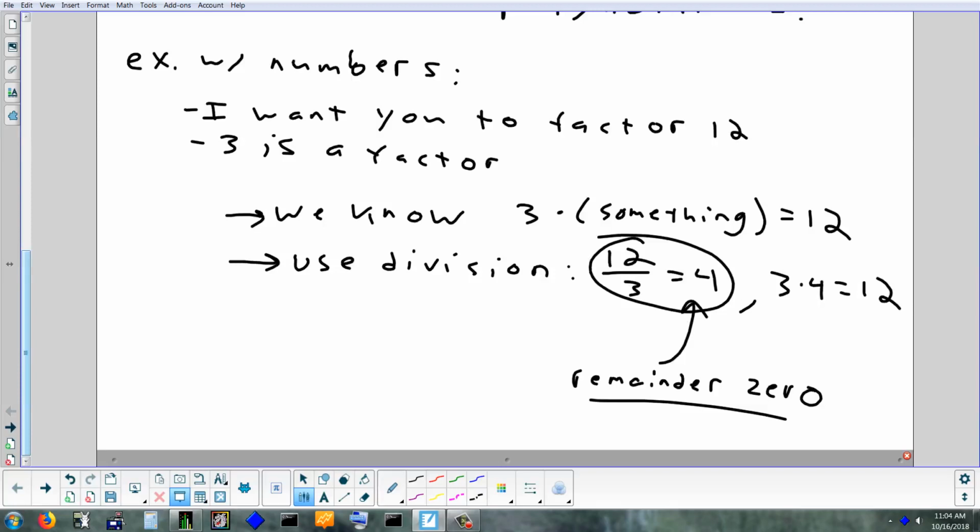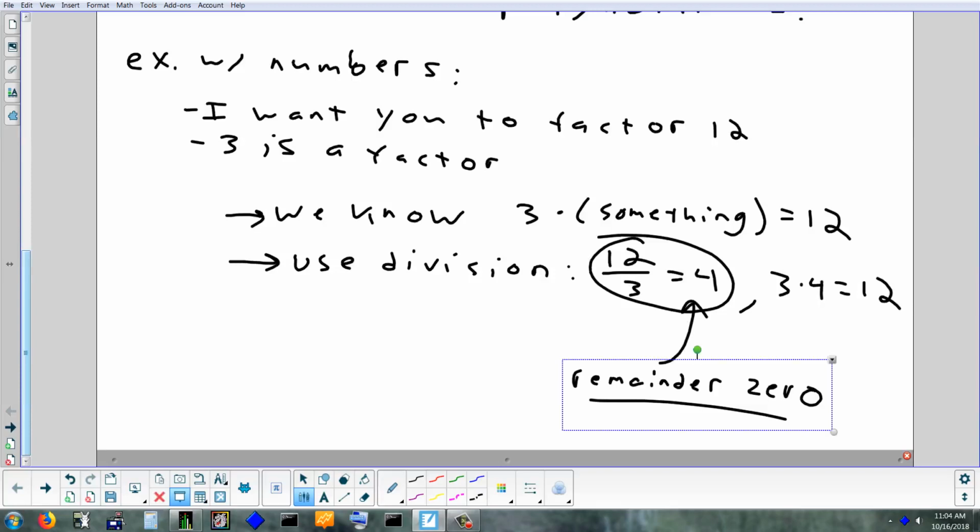If I check 8, 8 goes into 12 once with a remainder of 4, so 8 is not a factor of 12, because there's a remainder. That's going to be a big thing: when we want to check if something is a factor, we do division and check for a remainder of 0.